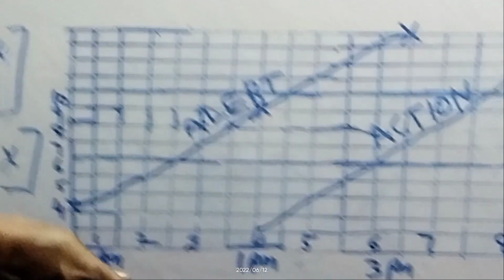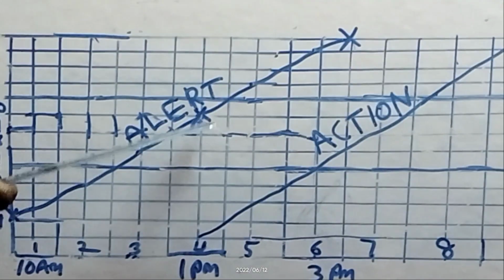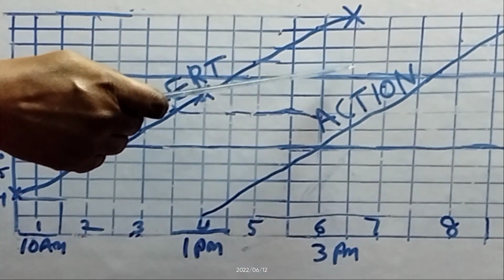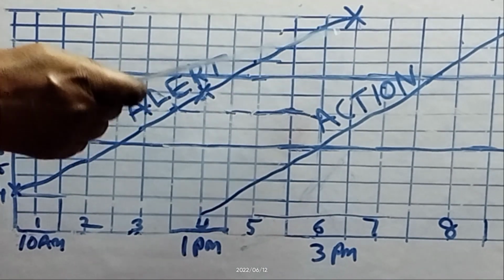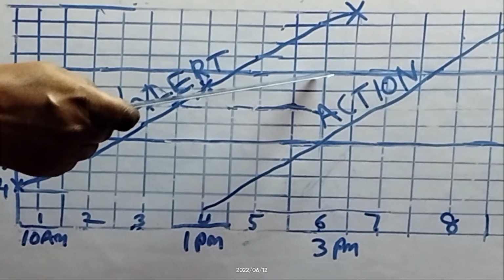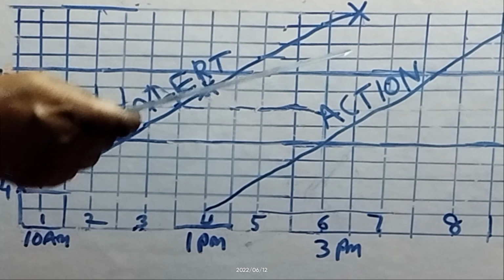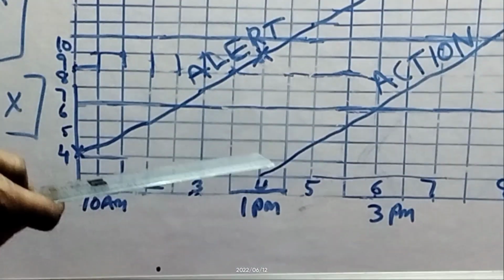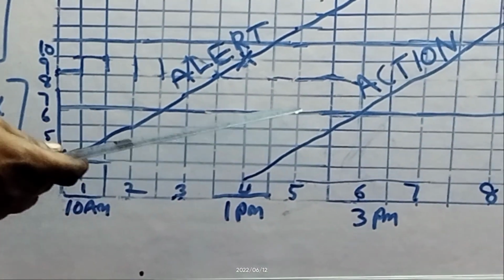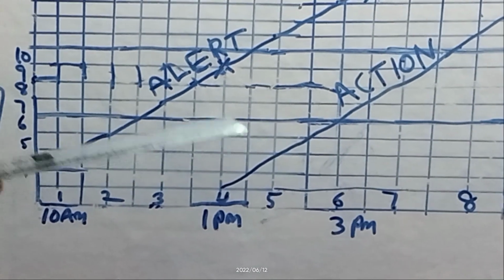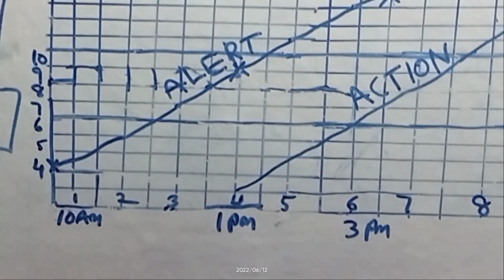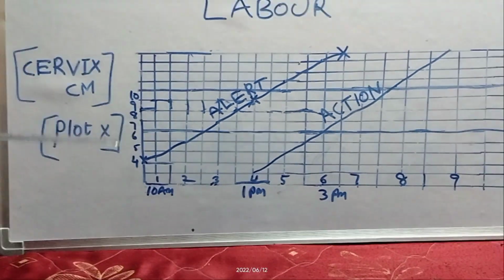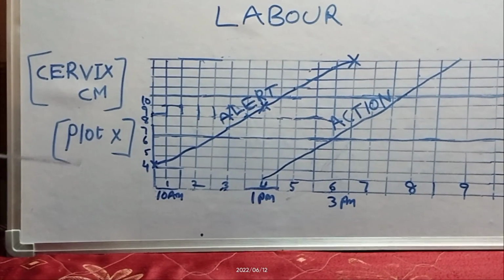See, 3 p.m., if it is 8 centimeter dilatation, it crosses the right side of the alert line. That time we need some intervention, maybe we have to take action. It comes to obstructed labor or prolonged labor. That time we have to refer the case to the higher center.